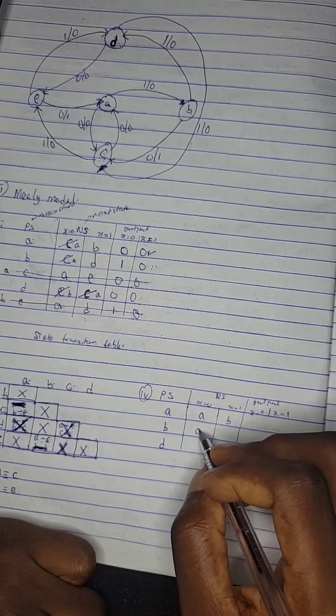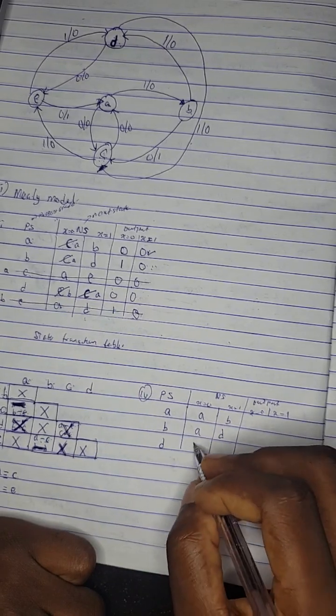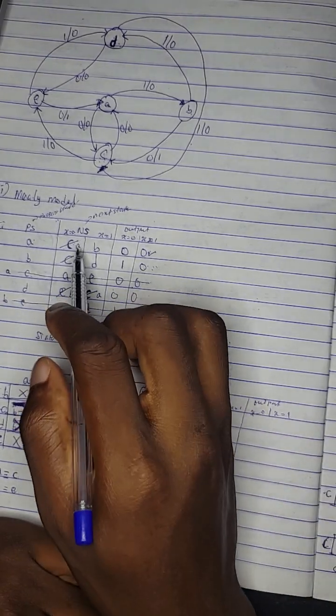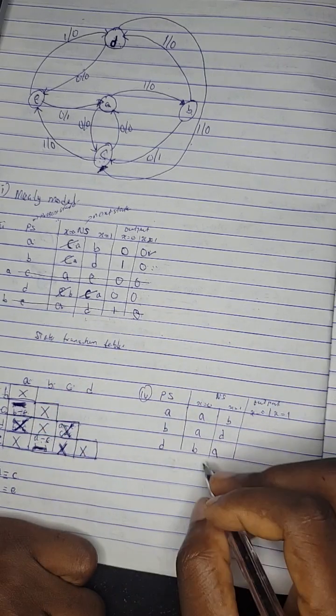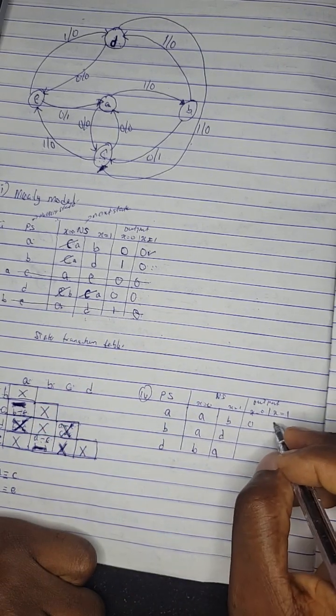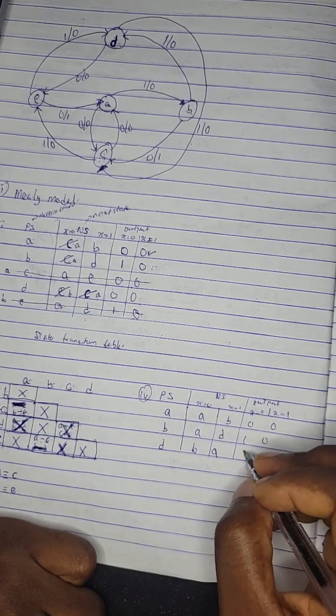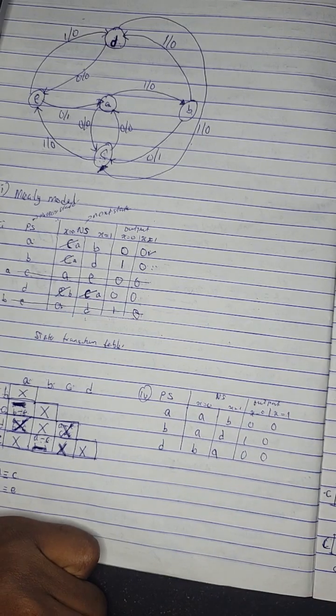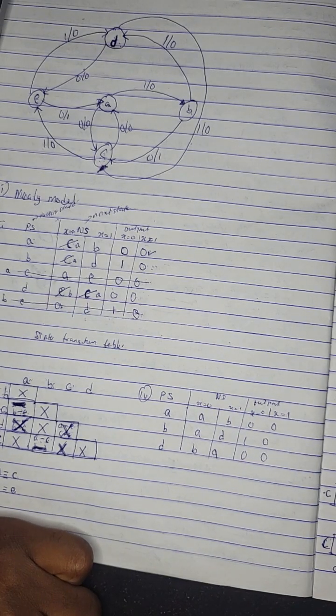So we have AB, we have AD here, and we have BA. So AB, AD, BA, and 0, 0, 1, 0, 0, 0. So this is our reduced state.